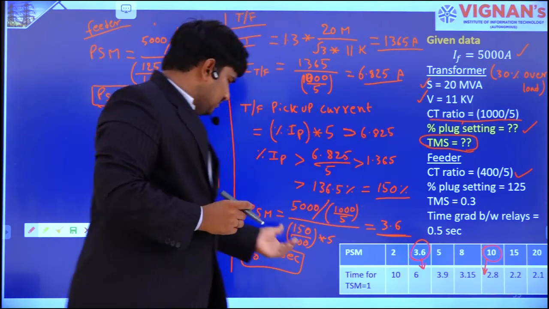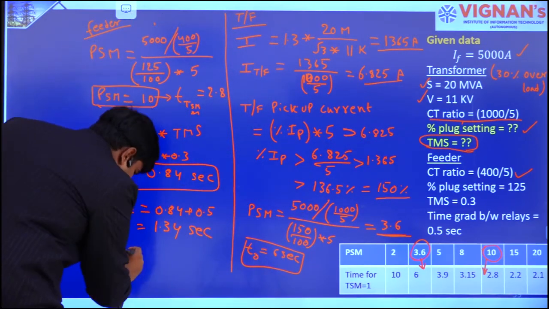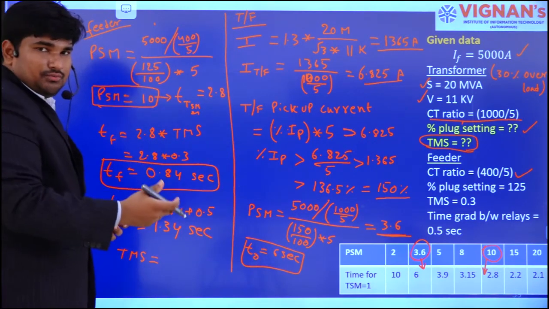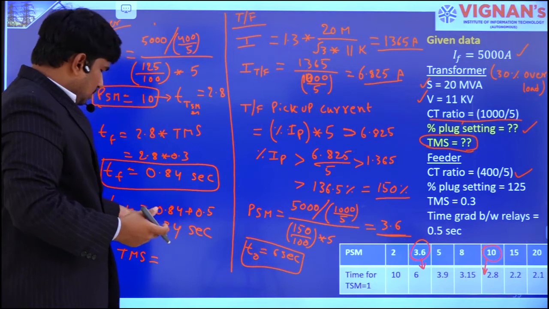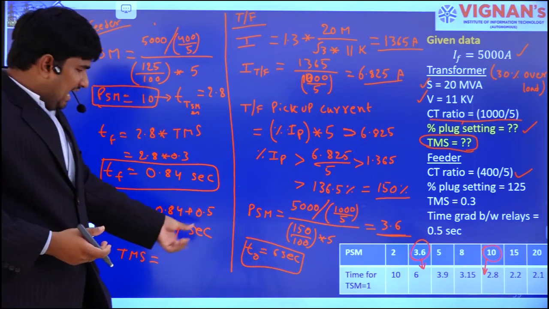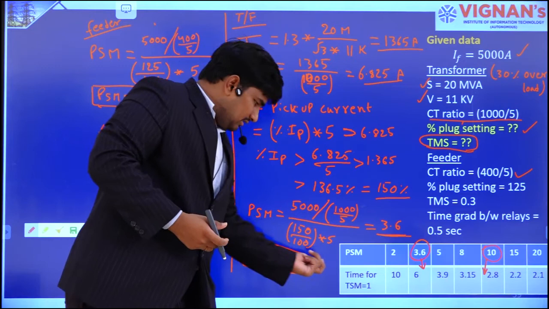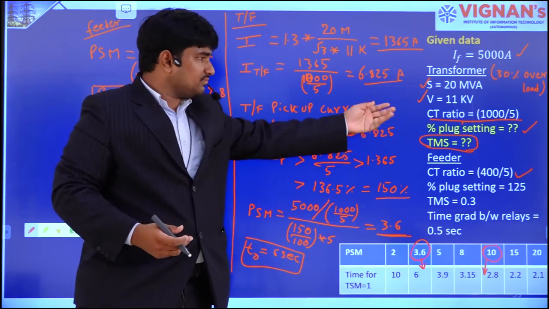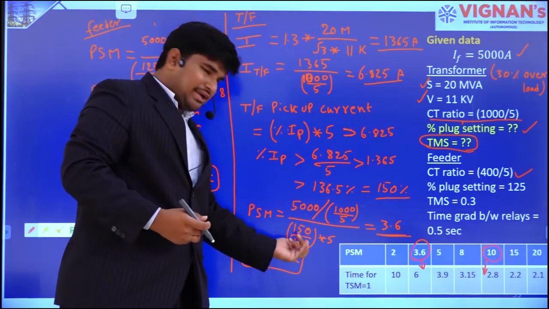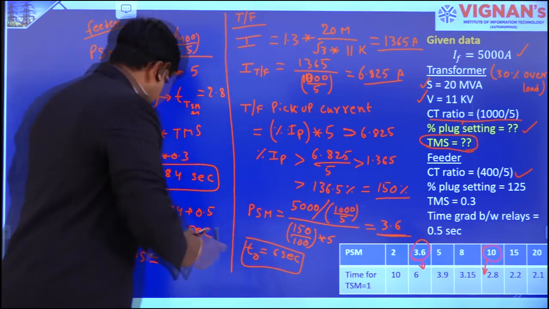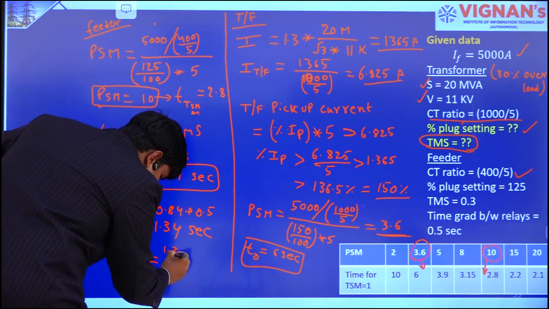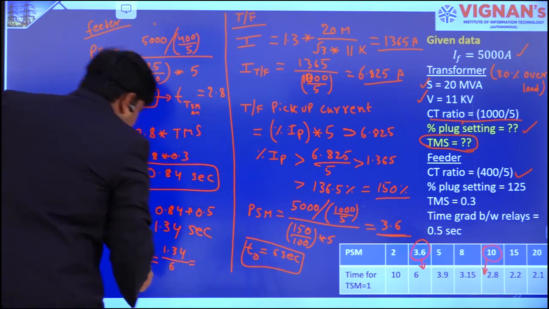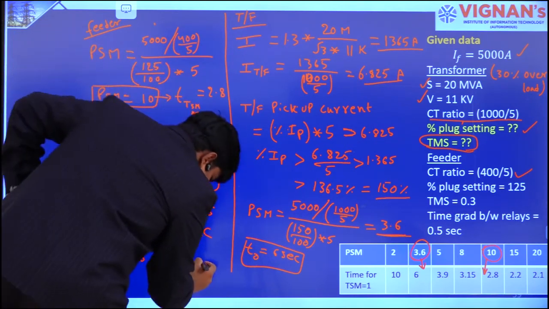Previously we have seen the time multiplier setting of the transformer. To get this actual value, I will multiply the time for unity TMS into TMS, but I need to find TMS. That's why it is 1.34 divided by 6 seconds, which is equal to 0.22.